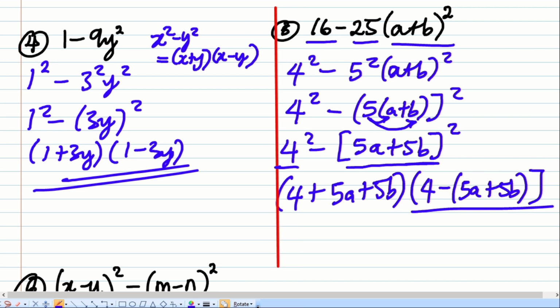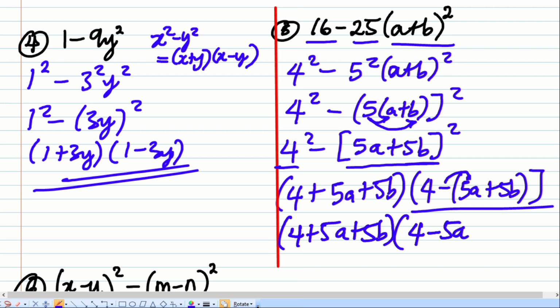So finally our answer is going to be 4 plus 5a plus 5b times 4 minus, minus times this 5a will be minus 5a, and then minus times positive 5b will also be minus 5b. So we have factorized that one.